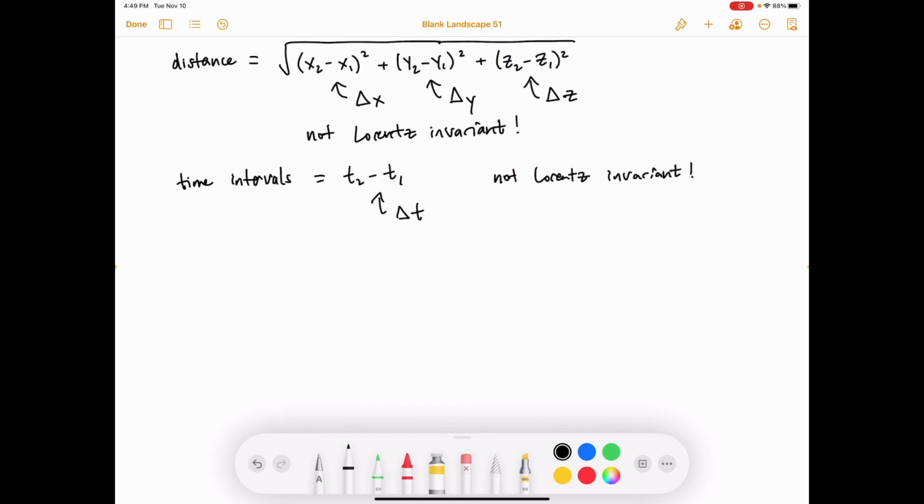We already saw there's an effect called time dilation. Different observers in different frames of reference are going to measure different amounts of time that pass between two events.